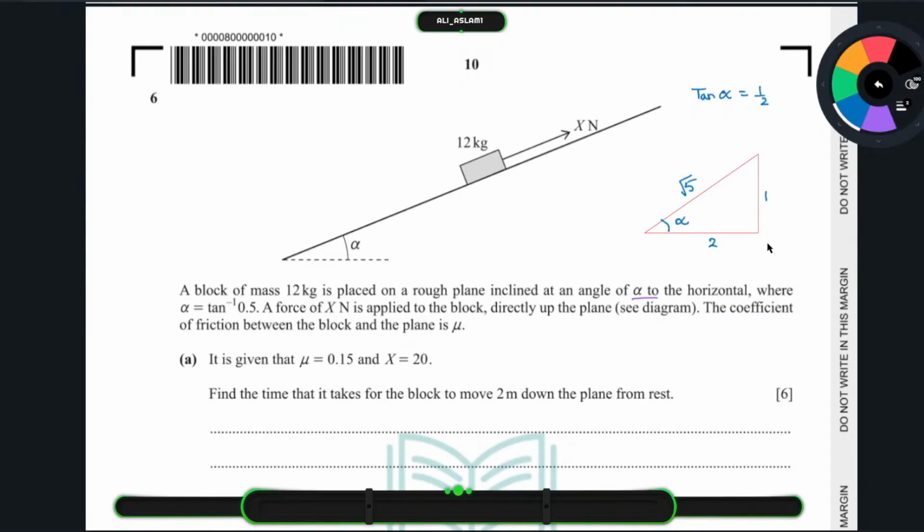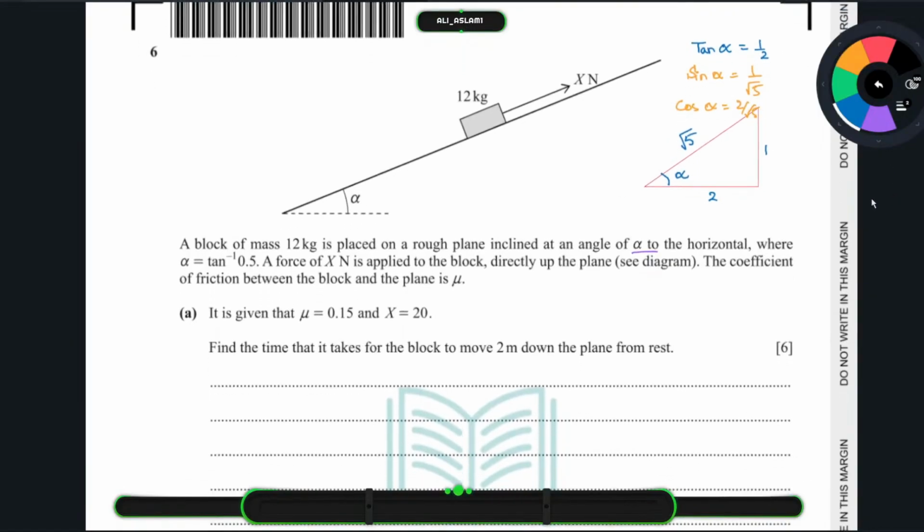Interesting. Before I begin, I just need to be sure that 2 squared plus 1 squared is 5, and the hypotenuse is root 5, right? So sine alpha would be equal to 1 by root 5 and cos alpha would be equal to 2 by root 5.